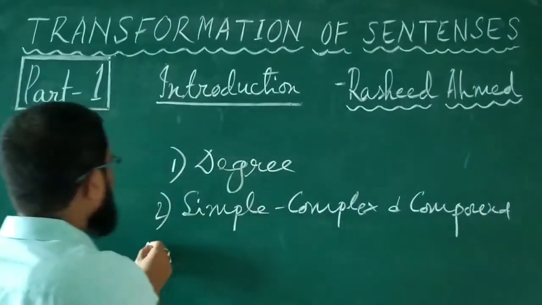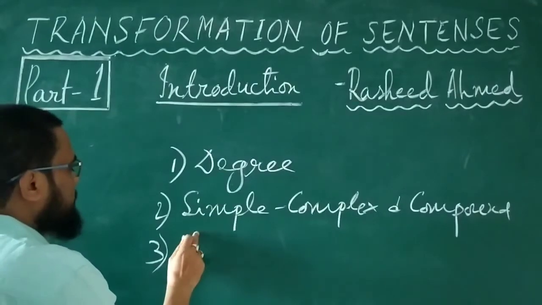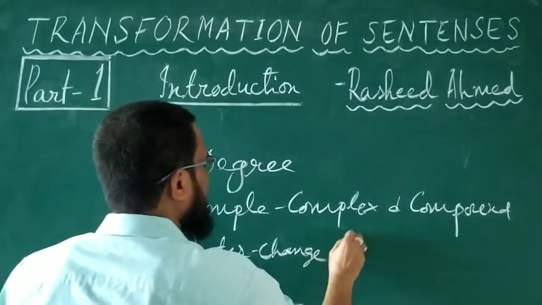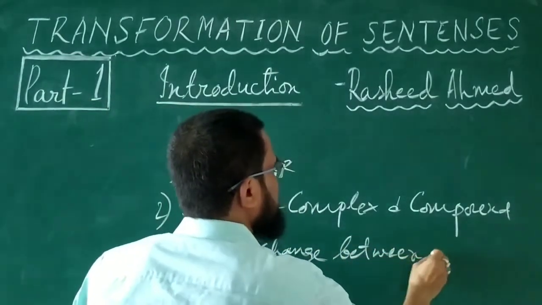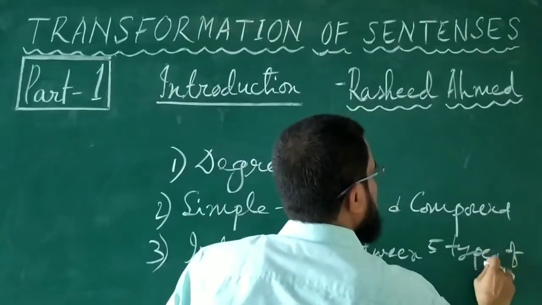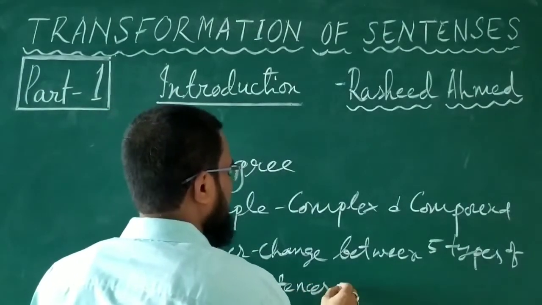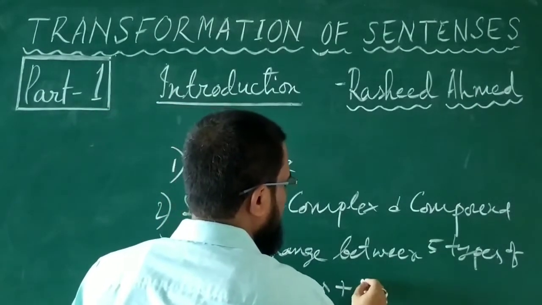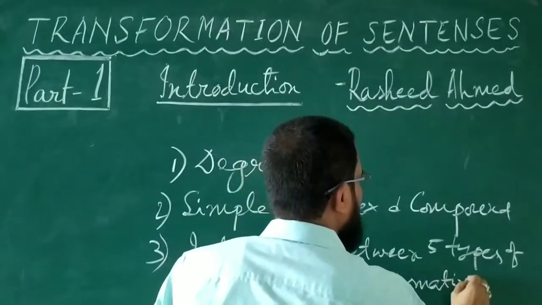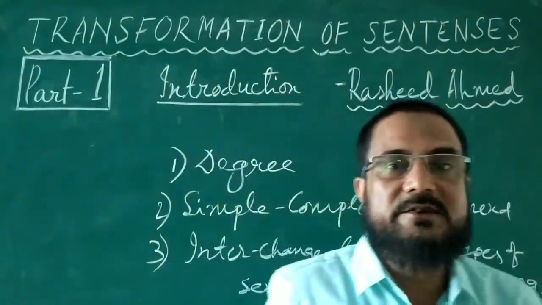And the next thing that you will do is interchange between 5 types of sentences, and plus you will have to do affirmative and negative. So on these 3 things we will focus.